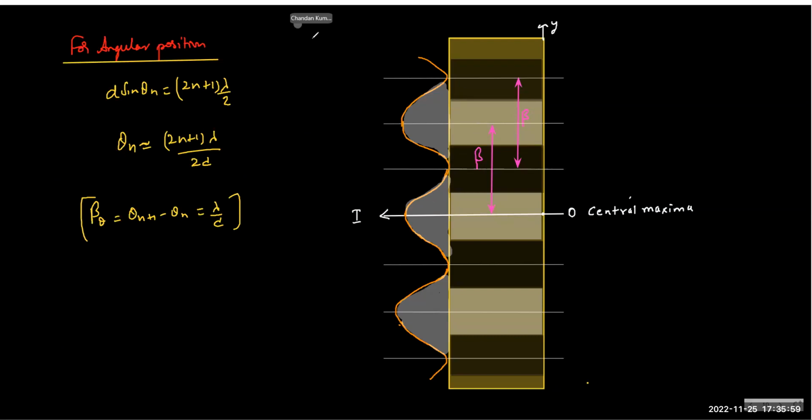If you move beta by 2, it is complete falling. So beta by 4 is somewhere here, no? And intensity will become 1/2 of the maximum, right? So that looks logical.